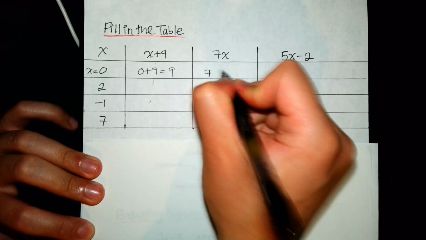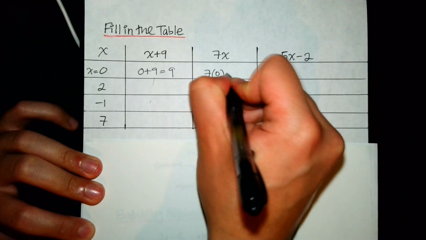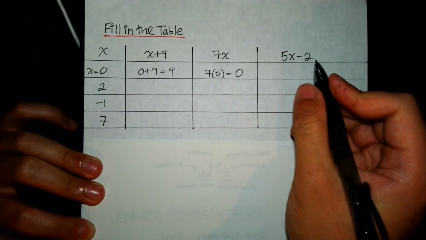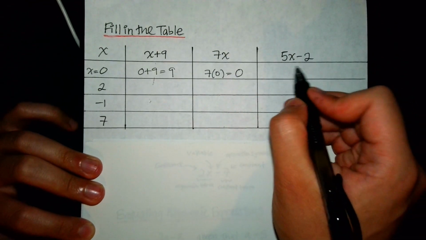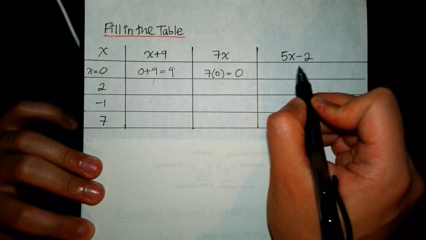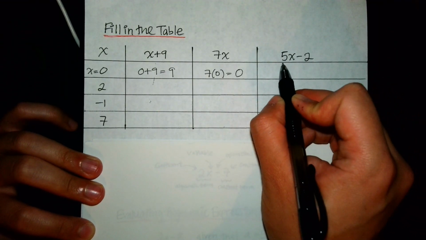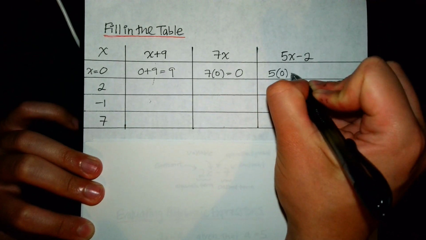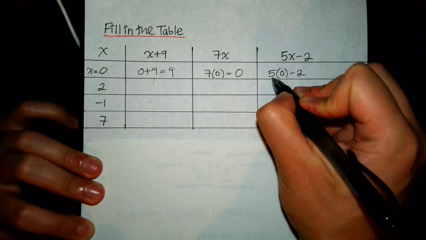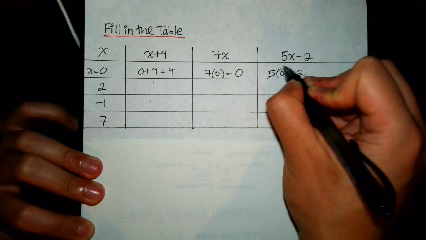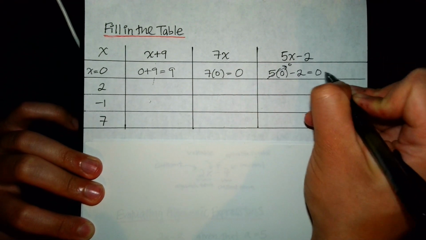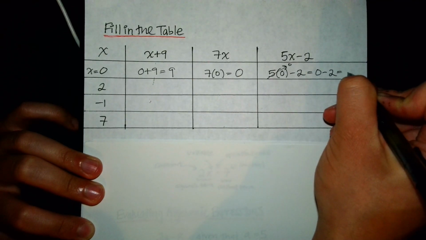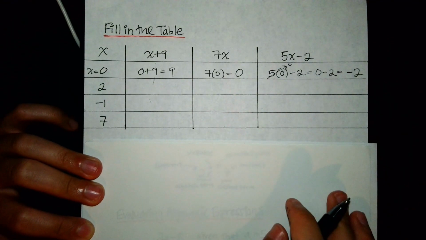We have 7 times 0 equals 0. And then we move on to the last column with the algebraic expression of 5x minus 2. We'll replace x with 0. We know that 5 times 0 is 0, so we're left with 0 minus 2, which gives us negative 2.